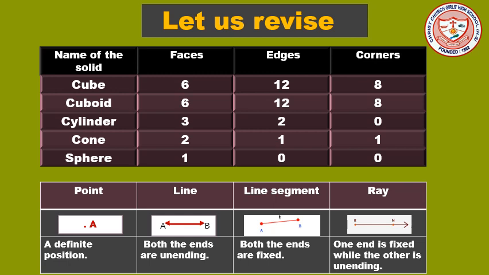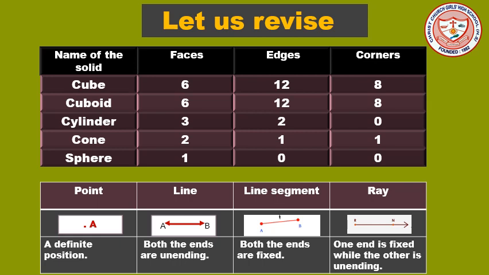Cuboid, it has 6 faces, 12 edges and 8 corners. Cylinder, it has 3 faces, 2 edges and no corners. Cone, it has 2 faces, 1 edge and 1 corner. Sphere, it has 1 face and no edges, no corners.